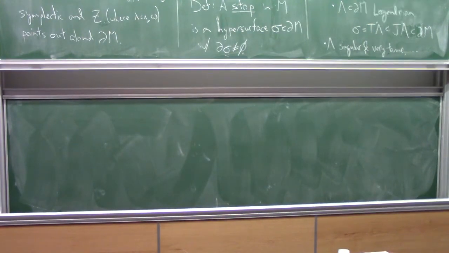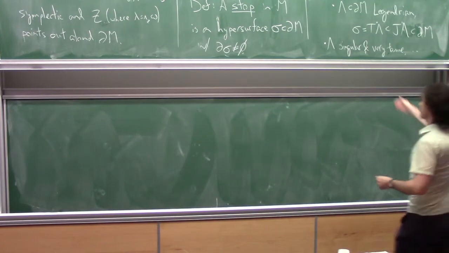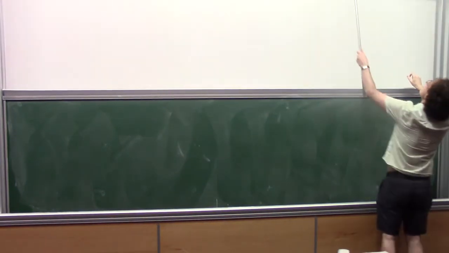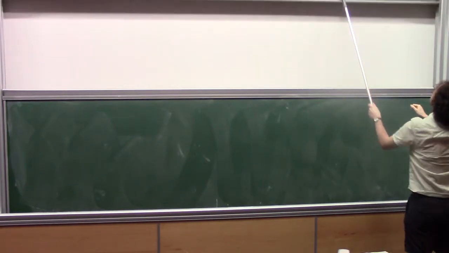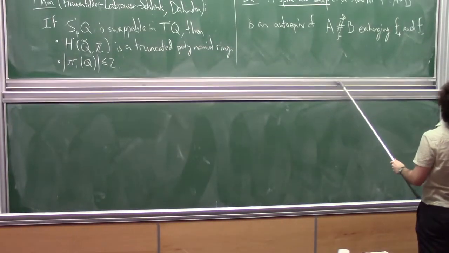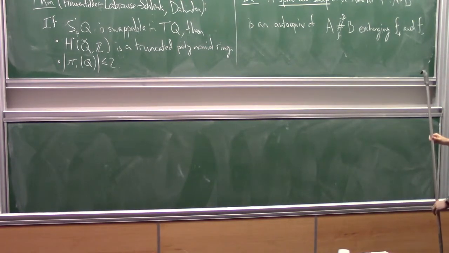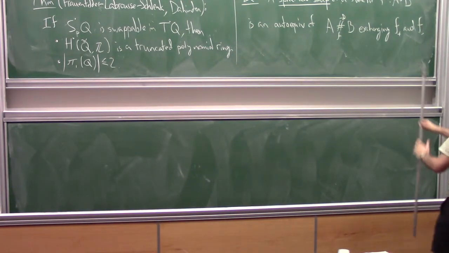Yes, absolutely. Not literally map to B, but map to. Let's actually correct that: automorphism of A. It's an autoequivalence of this thing.